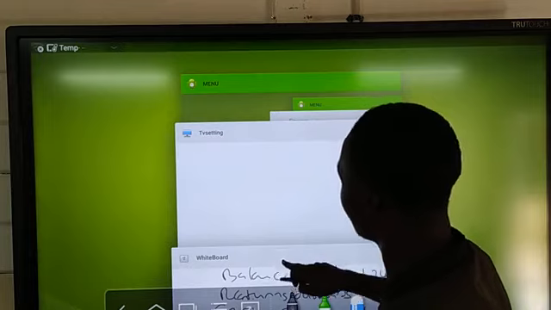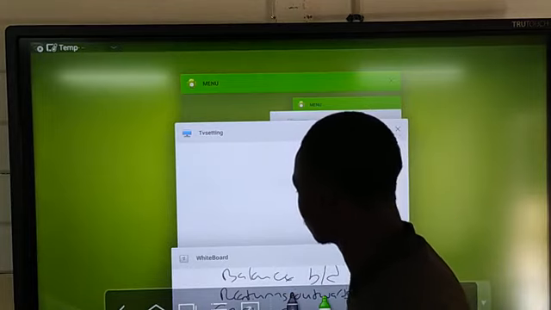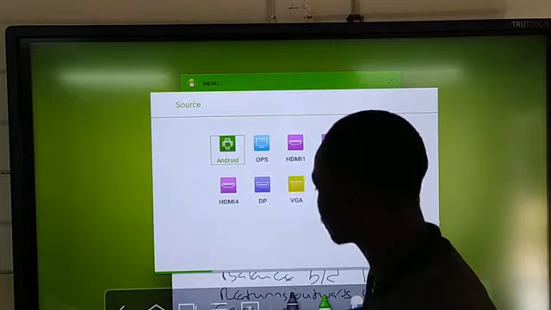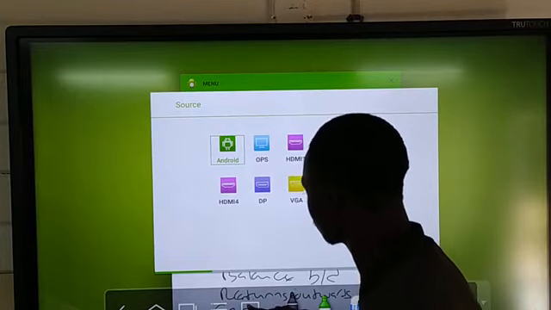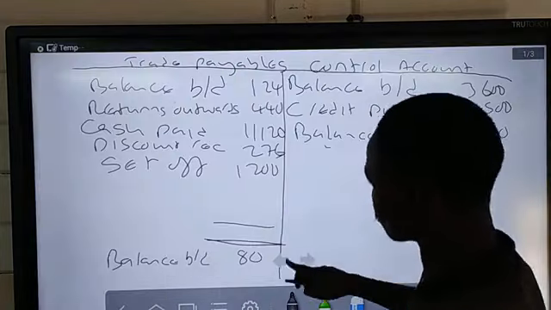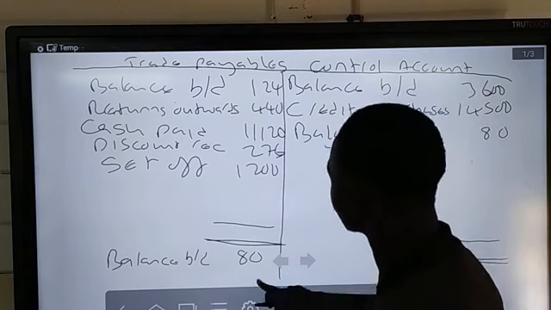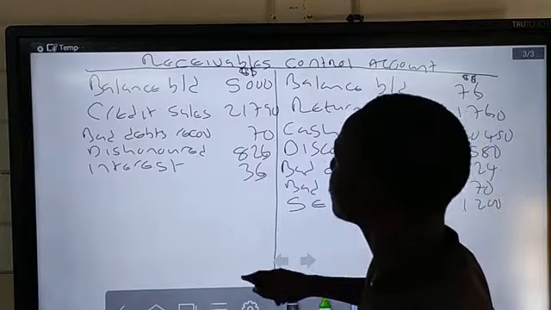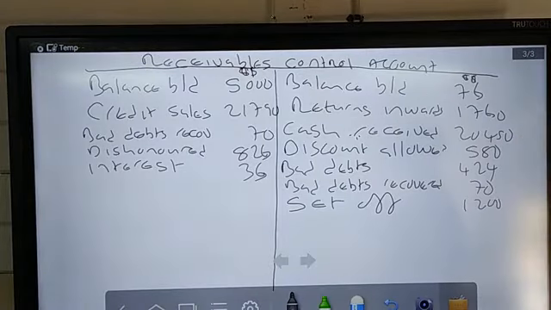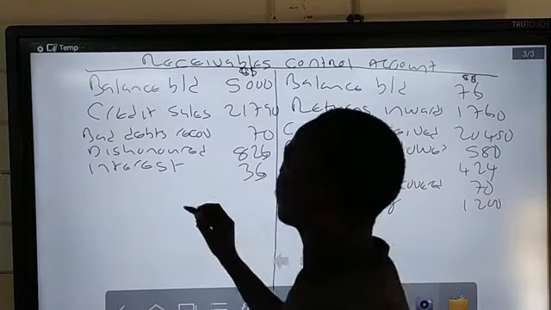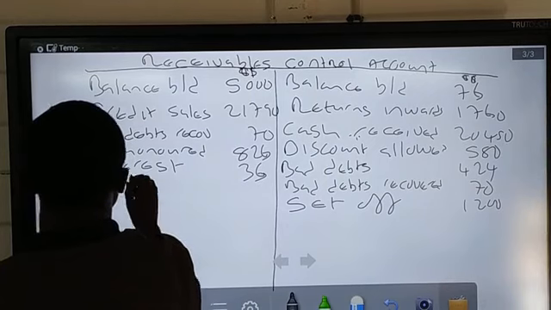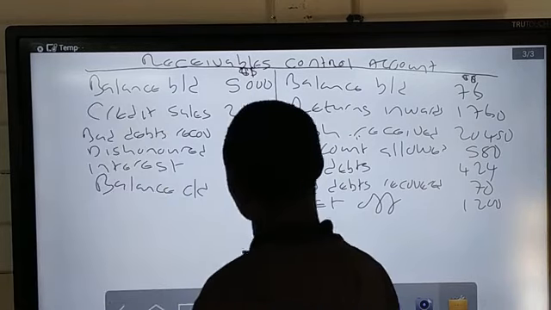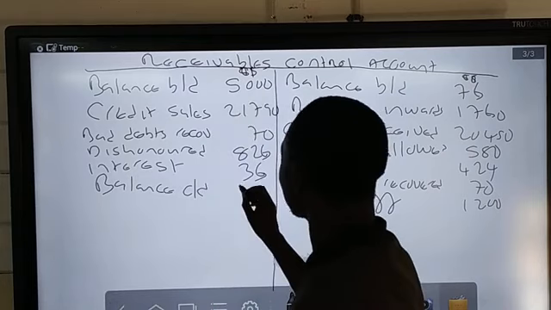Then let's record the other one for the receivables control. In the receivables, they say it's a credit balance. So I go to this side and record it as balance c/d, that's 150.